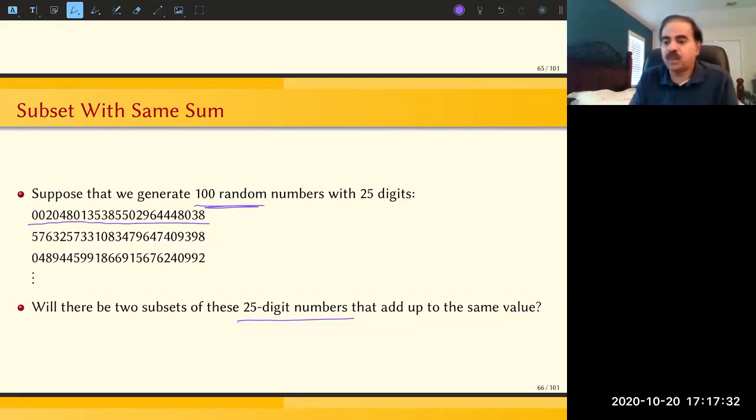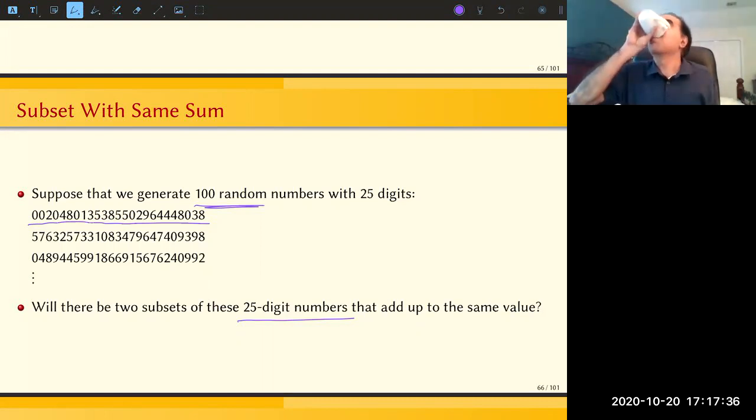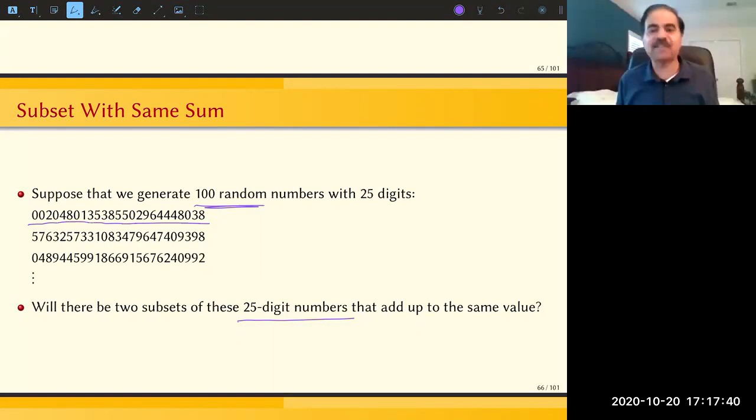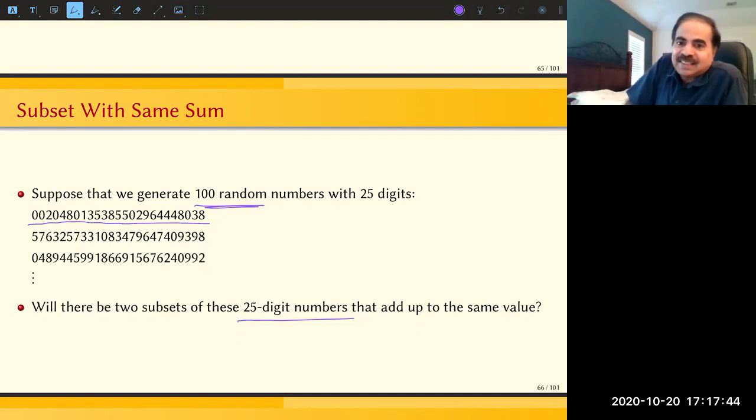How can we answer this question? Is it likely, or possible? Well, it's definitely possible. So let's say likely. Or is it a certainty?